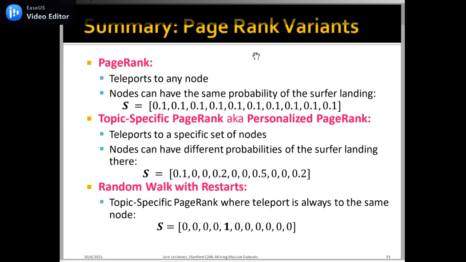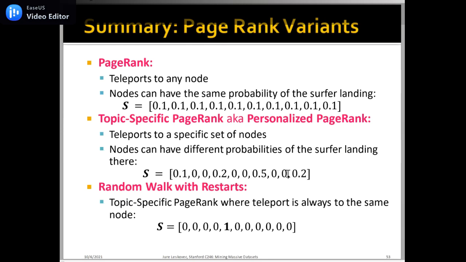So here we show some variants of PageRank, right? In the PageRank, it always teleports to any node of the graph. And for the topic-specific or personalized PageRank, it will teleport to a specific set of nodes. So in the beginning, it's a uniform distribution over all the nodes, but for the personalized PageRank, maybe it's a selective set of nodes, say just these 4 nodes.